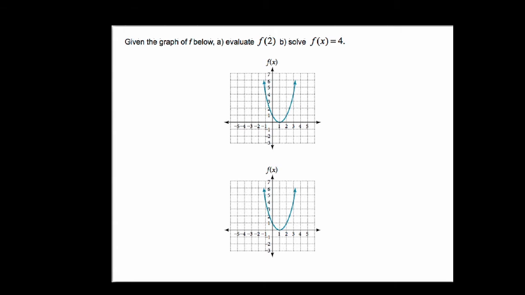Given the graph of f below, we want to evaluate f of 2 and solve f of x equals 4. Before we begin, remember that points on a graph are given by (x, f of x). Along the horizontal axis I have the inputs, and along the vertical axis I have my outputs.